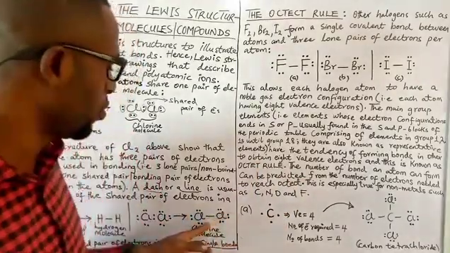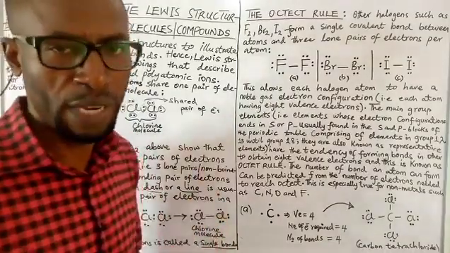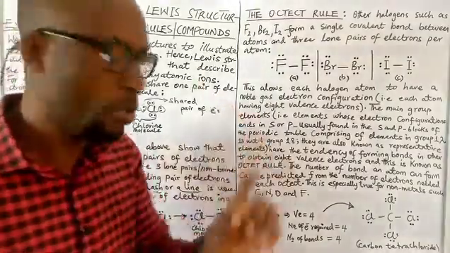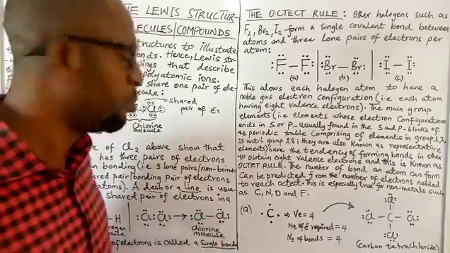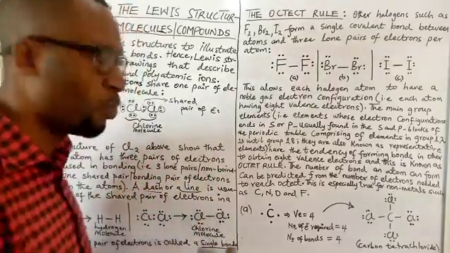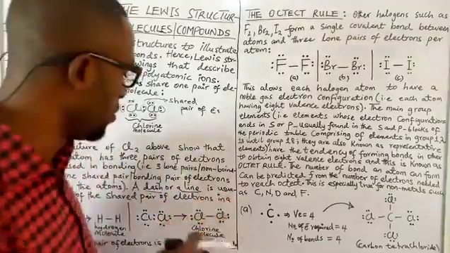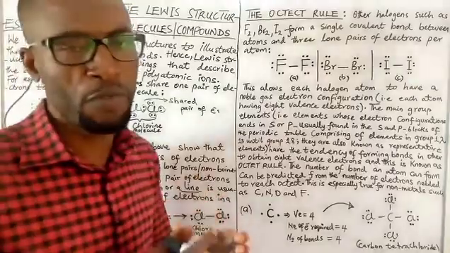In this case, chlorine and chlorine combine to make Cl2, which is chlorine gas, with the formation of a single bond, which ultimately helped each of the combining atoms to acquire the octet structure or the noble gas electron configuration.